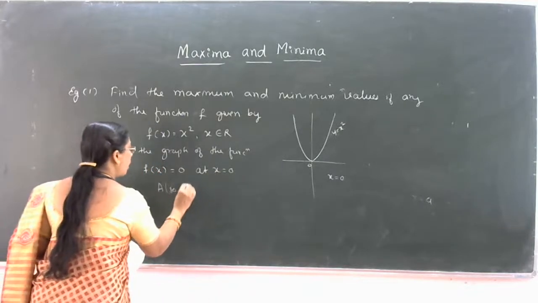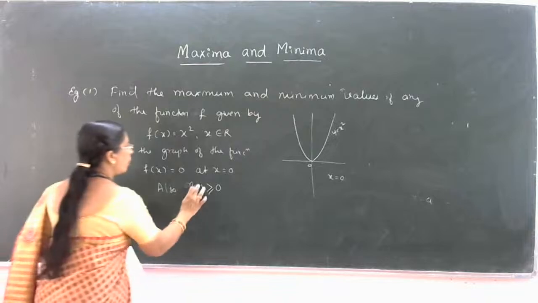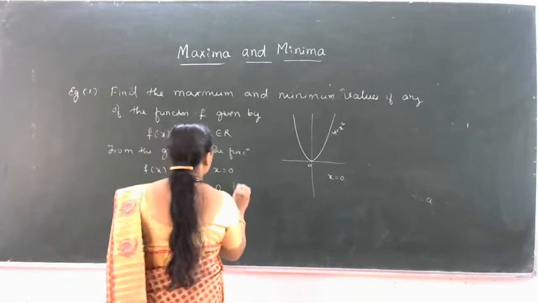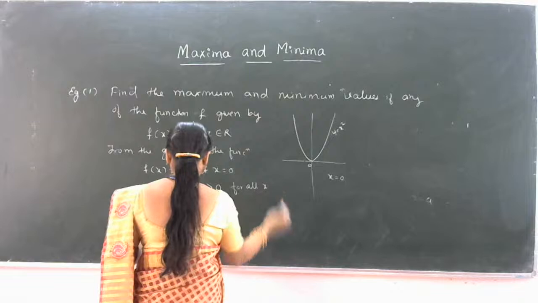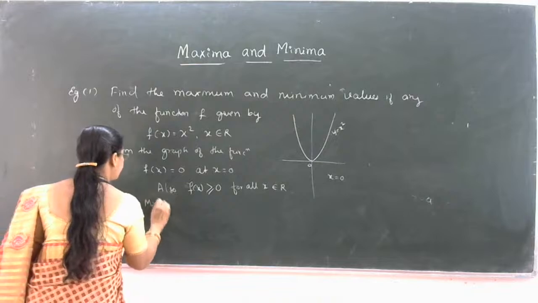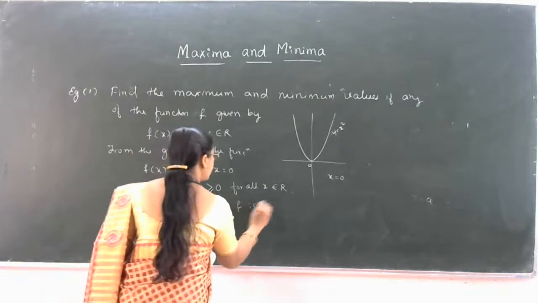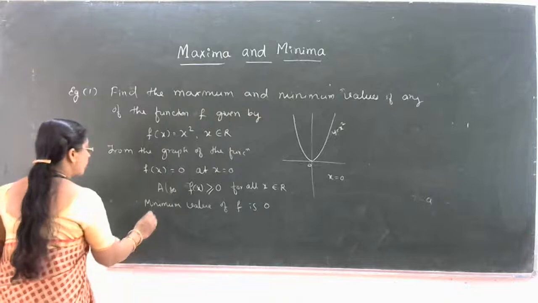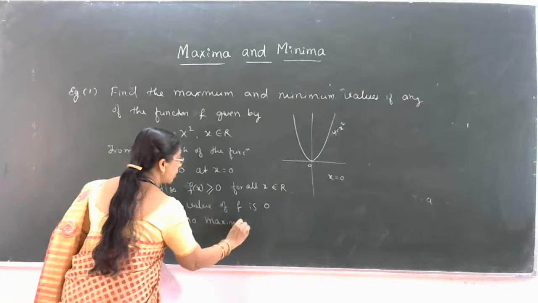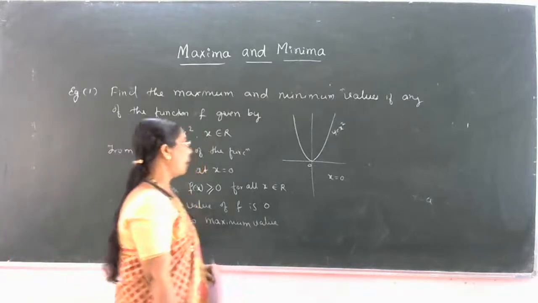Also, f of x is greater than or equal to 0 for all x belonging to R. Therefore, the minimum value of f is 0. f has no maximum value, and hence no point of maximum value.